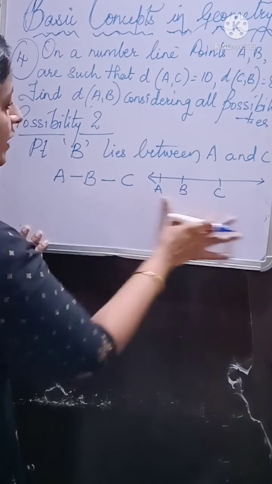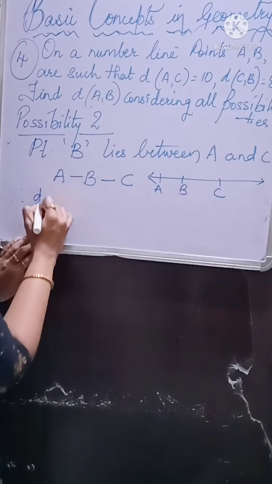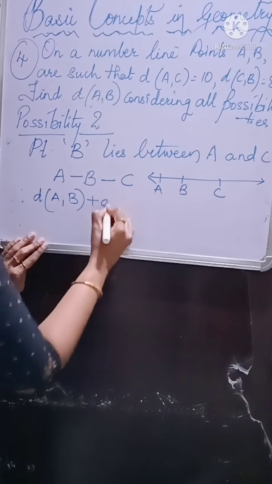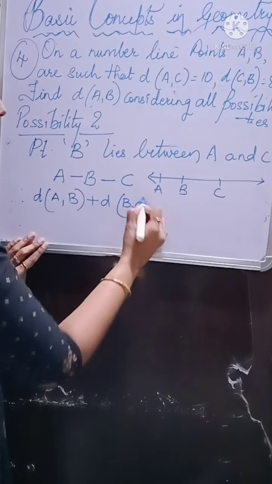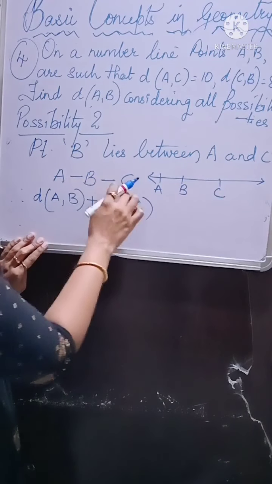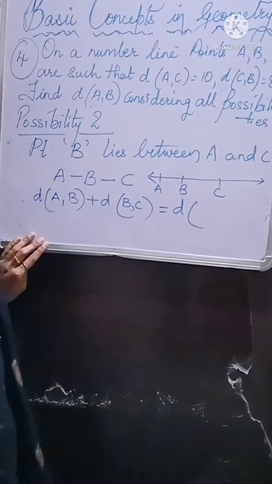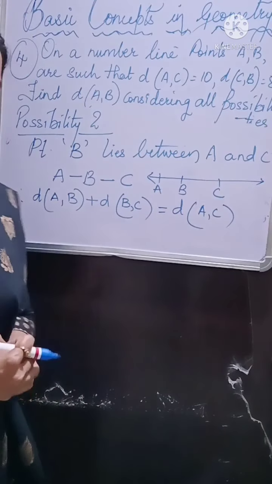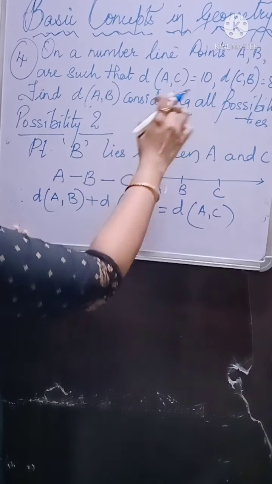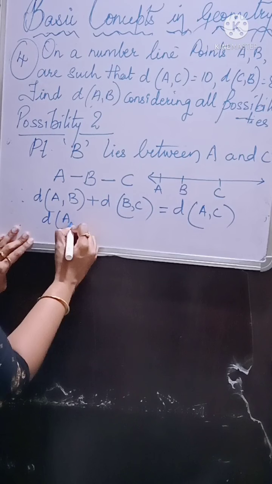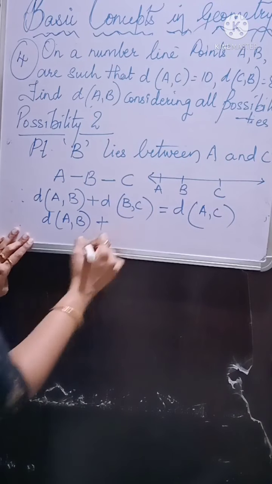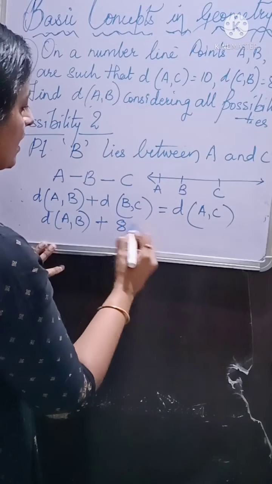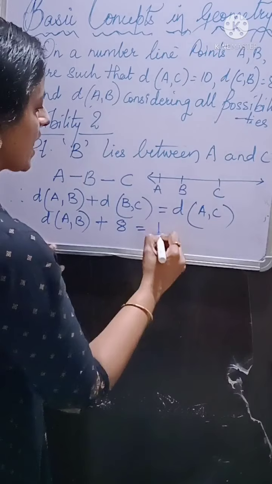Now let's write down that formula. Therefore, distance between first and second point, A comma B plus distance between B comma C, second and third, is equal to distance between first and third, A comma C. So distance between A comma B will be as it is, plus distance between B and C, 8, is equal to A and C, 10.